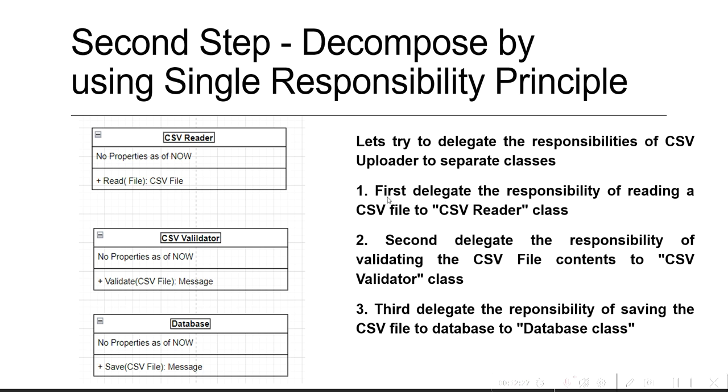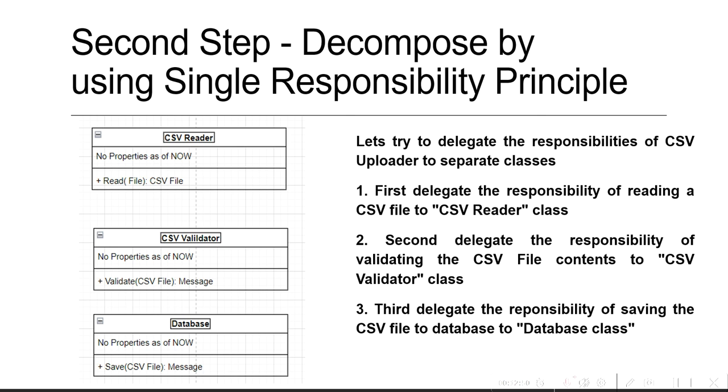First, I delegate the responsibility of reading a CSV file to a CSV Reader class. The CSV Reader class will have only one functionality, that is only reading. It will not do anything else at all. It will read the CSV file and return you the list of lines in that file.